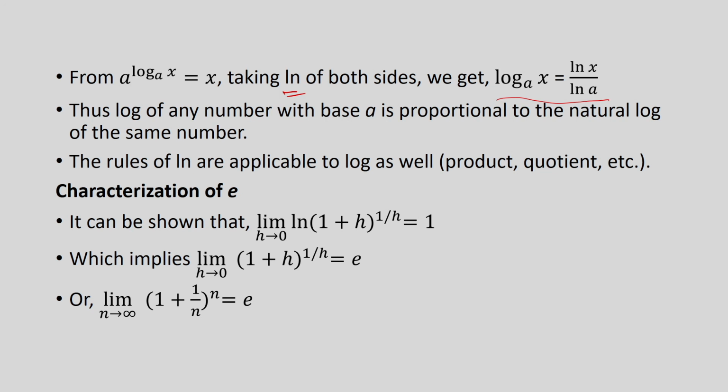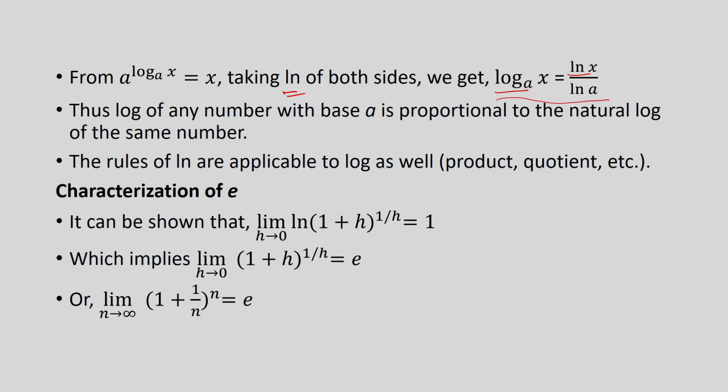Thus, the log of any number with base a is proportional to the natural log of the same number, because this is equal to log of x multiplied by 1 divided by natural log of a. So, it is proportional to natural log of x. And the rules for natural log are applicable for log in general as well, that is, the product rule, quotient rule, etc.